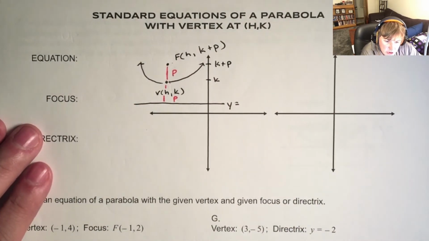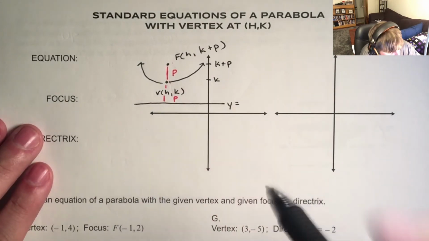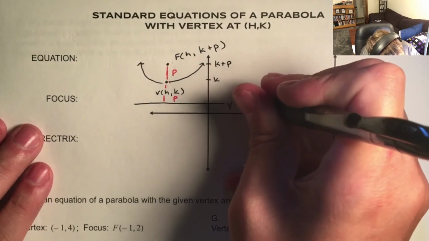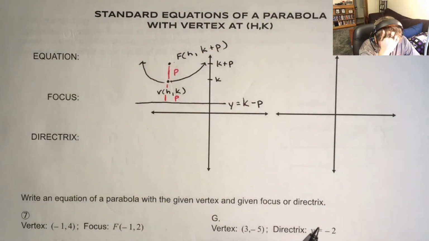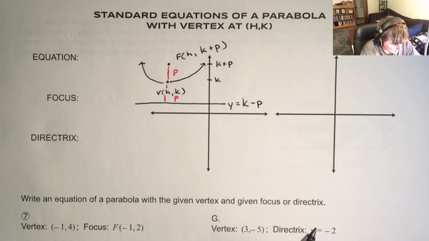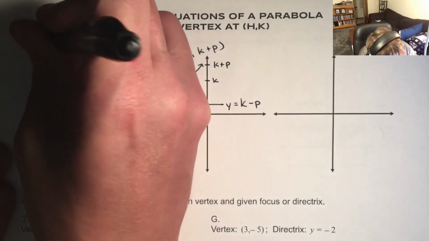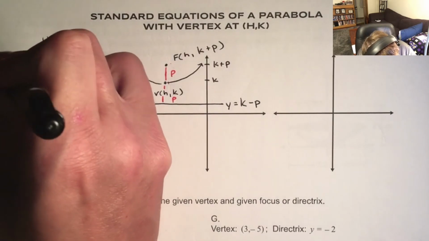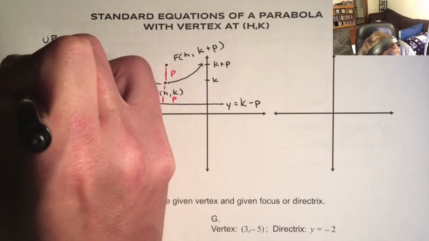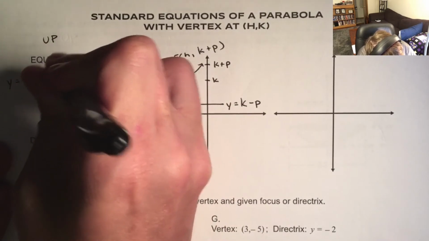And then here, again, if this is k and this length is p, this y value is going to be k minus p. Okay, so let's go ahead and look at the equation. When it's opening up, it is going to be y is equal to 1/(4p) times (x minus h) squared plus k.